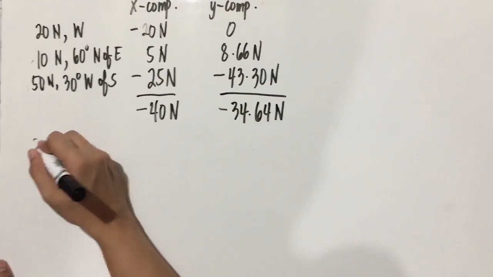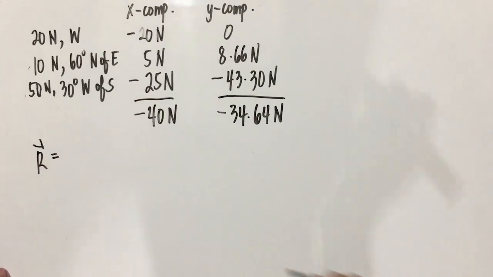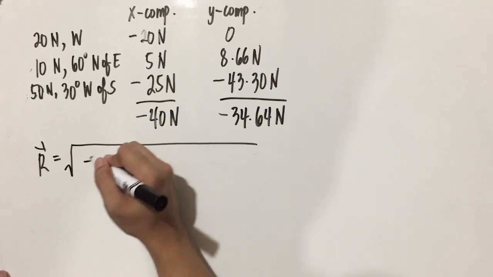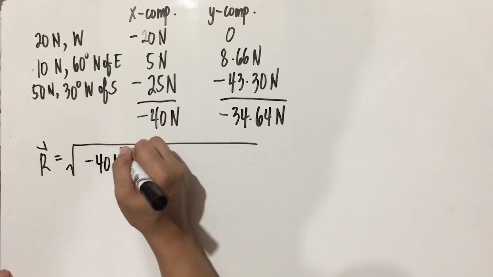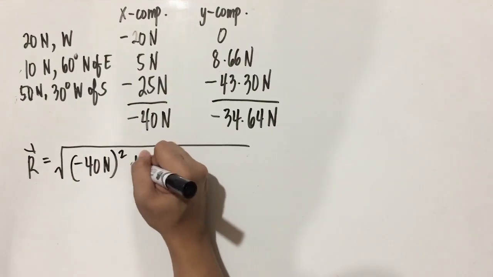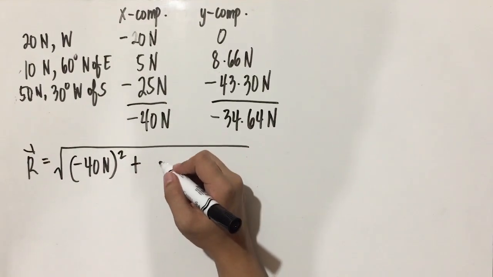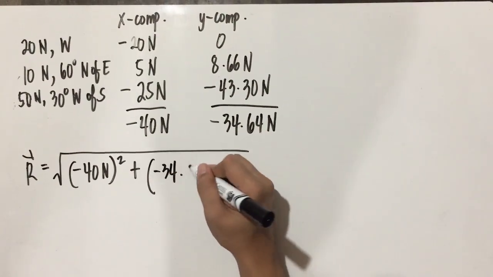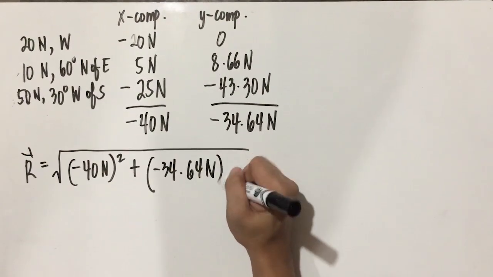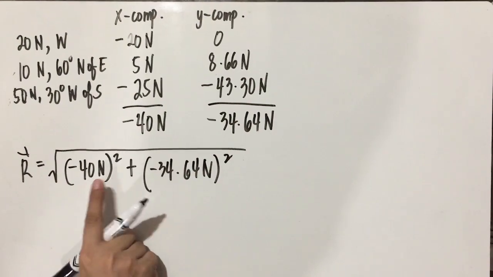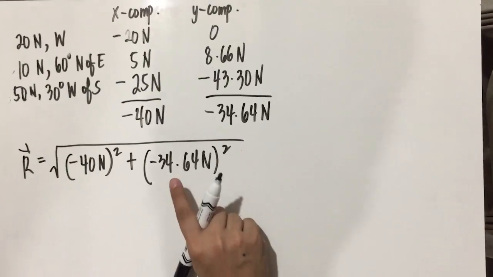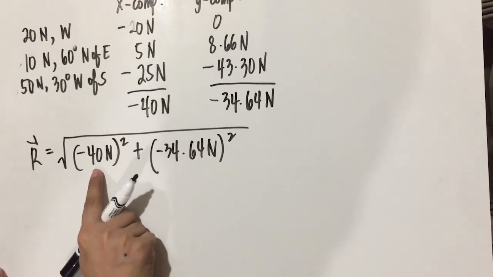So, Pythagorean theorem for the resultant vector in terms of magnitude. We have to get the square of negative 40 newtons and also the square of negative 34.64 newtons. Then we add the values from that solution part and get the square root of it.